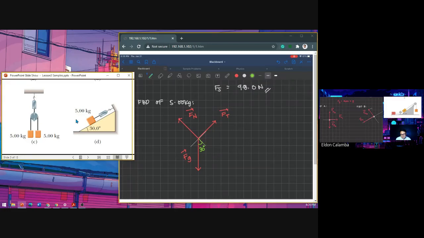So, you have this one. So, this is our Fgy. And then you have Fgx. And then, with respect to 30, Fgx is still the opposite side.